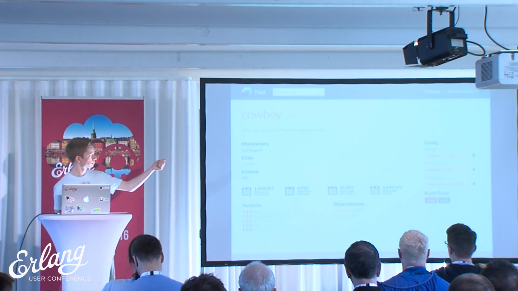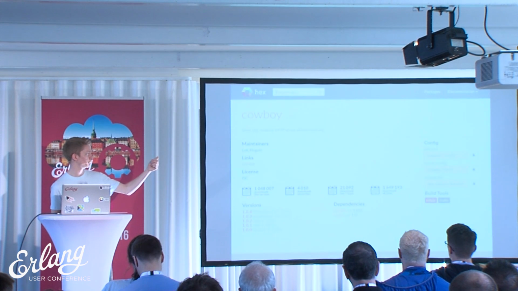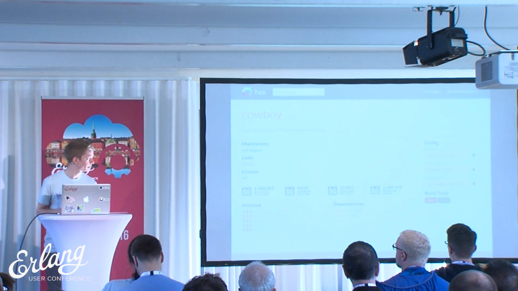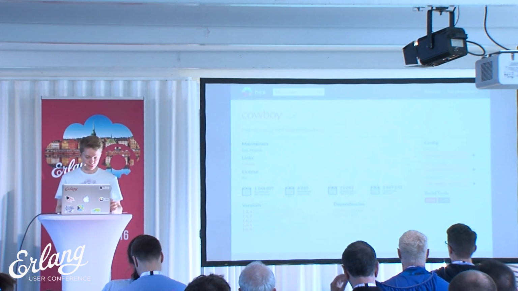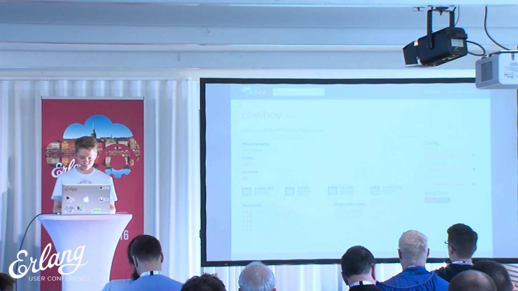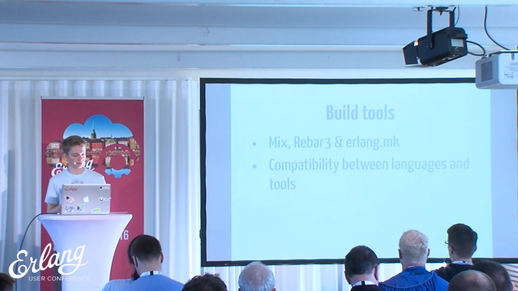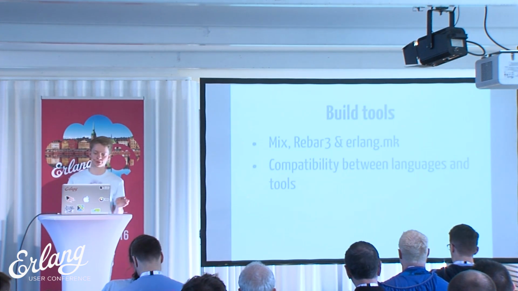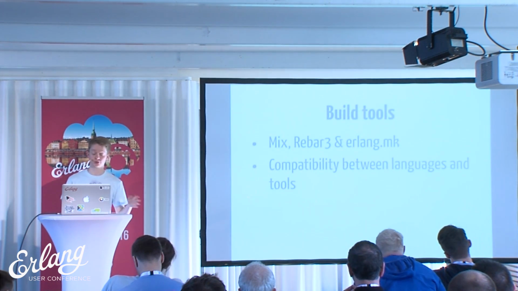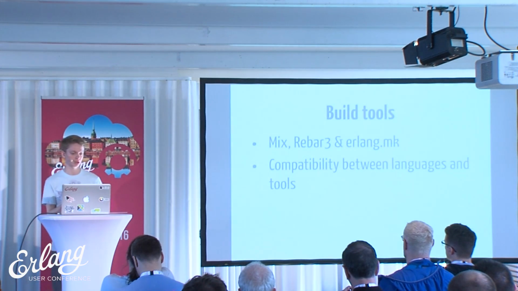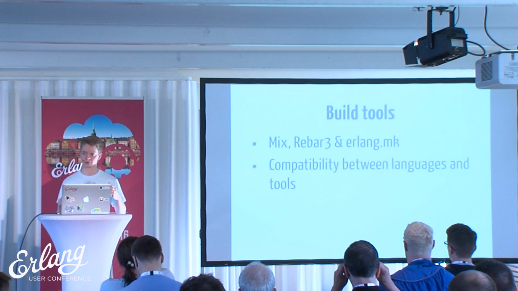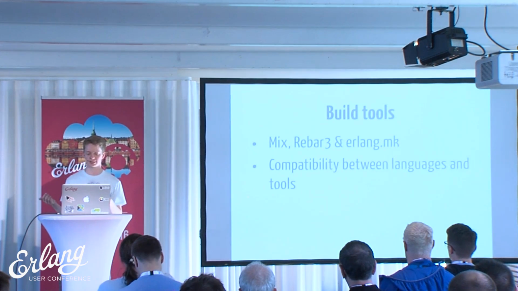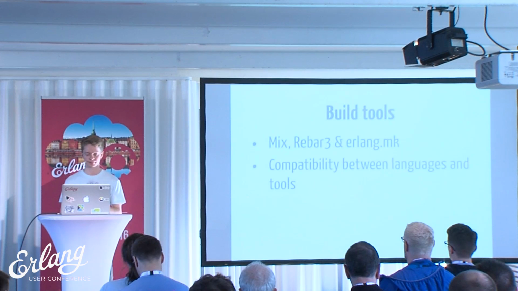And we'll also show small snippets that you can paste into the configuration of your favorite build tool. And the three main build tools that we support today, or that support Hex actually, are Mix, Rebar 3, and Erlang Make, and they all support fetching and using dependencies and actually publishing dependencies.